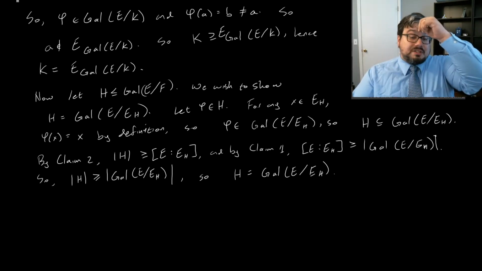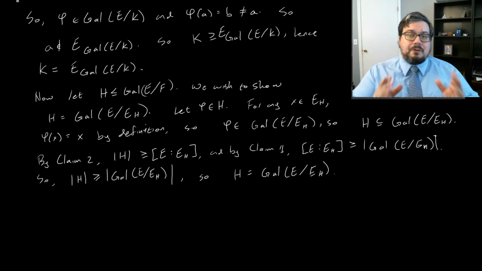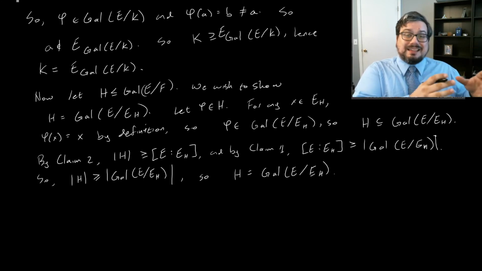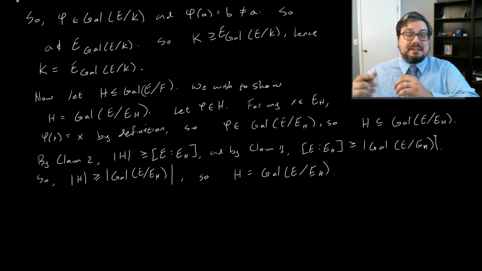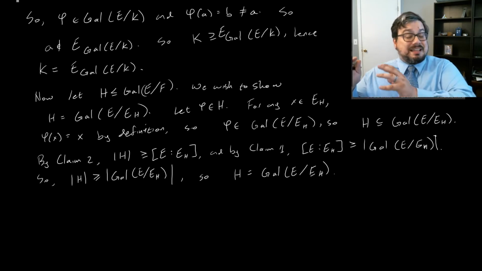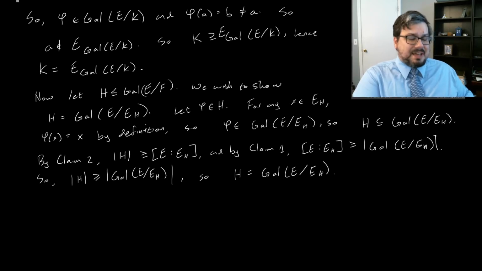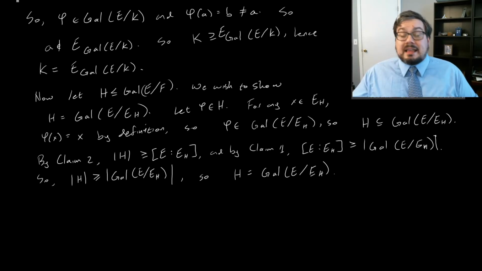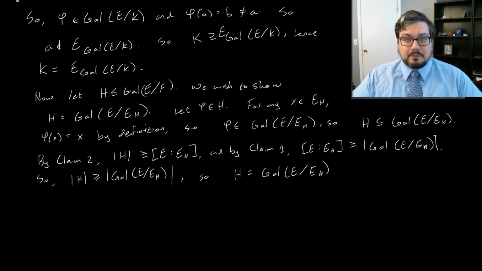So that shows that the function that takes a field K to the Galois group of E over K and the function that takes a subgroup of the Galois group to the fixed field of that subgroup are set theoretic inverses of each other, which means that these two sets sit in bijection with one another.